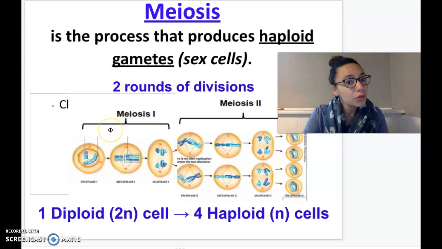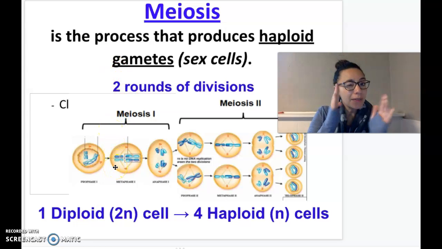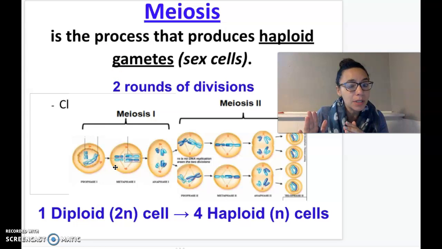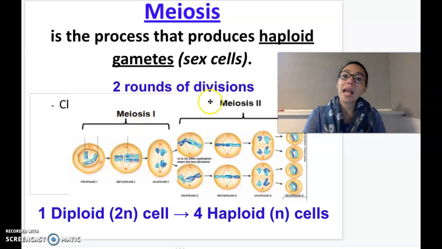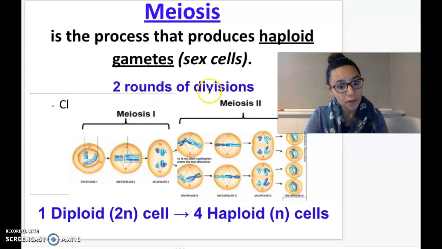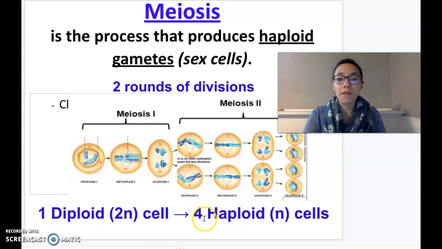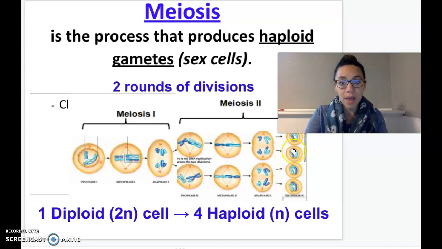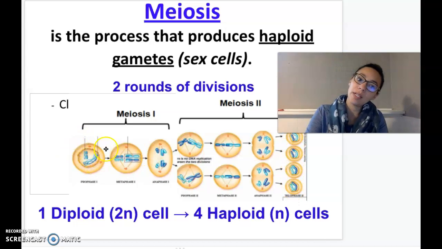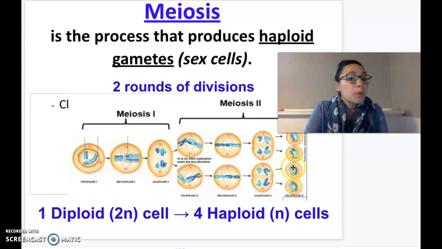It's similar to mitosis, so we have kind of the same names of the phases, which you'll see, but this time it happens twice. So there are 2 rounds of division, and one diploid cell in the beginning ends up producing 4 haploid cells. So we see 4 haploid gametes here. So one diploid cell makes 4 sperm or 4 eggs.